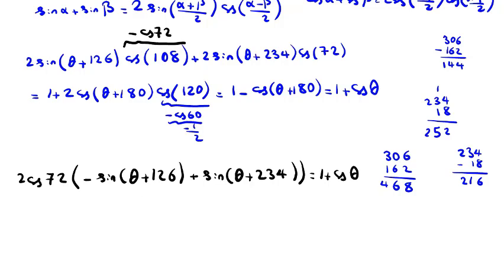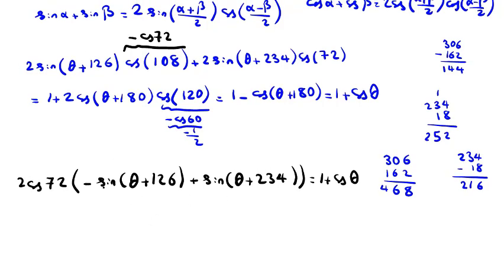Now here, if we want to change it to product again by this rule, but here we have something minus this, so you change beta to minus beta. It will be 2 cos 72, then times 2 sine sum of them.